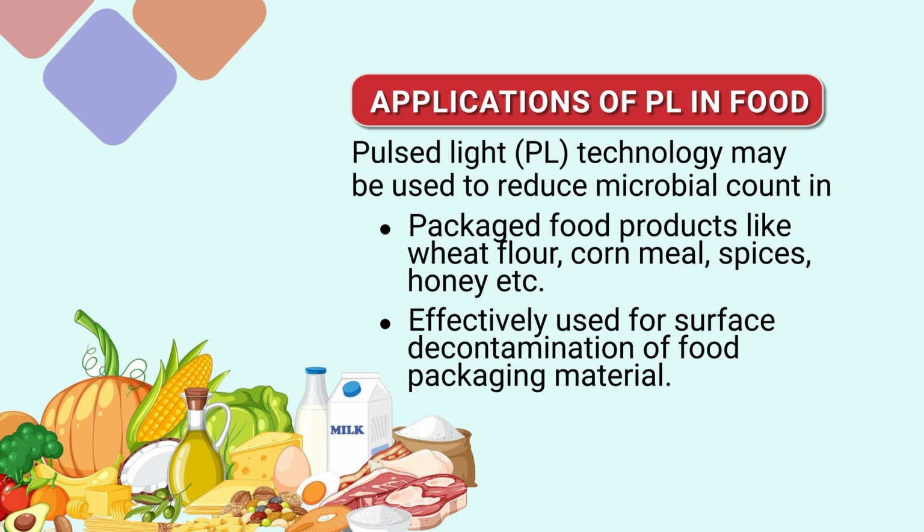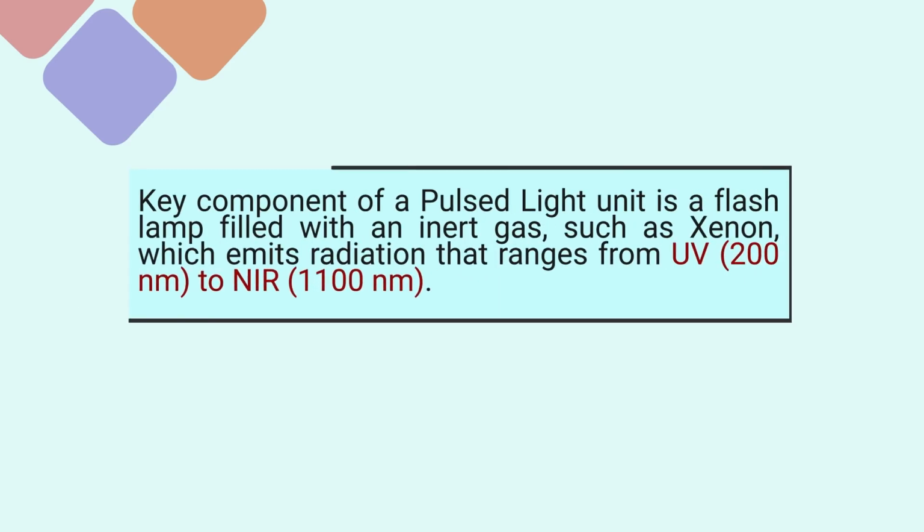They could also be used for surface contamination of packaging material. And the key component in pulsed light is the flash lamp, which is filled with inert gas, like xenon, that I already explained, and it can generate and emit radiation, which will be prominently dominated by UV. So that's how the disinfection is quite good.